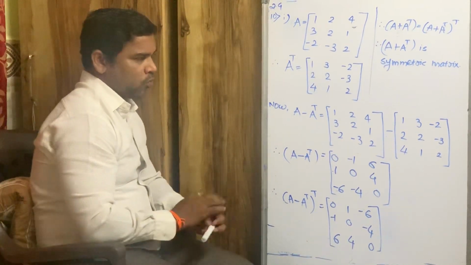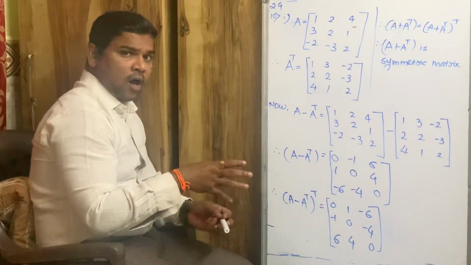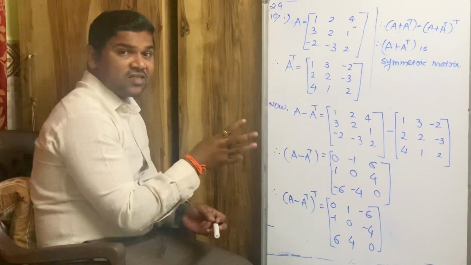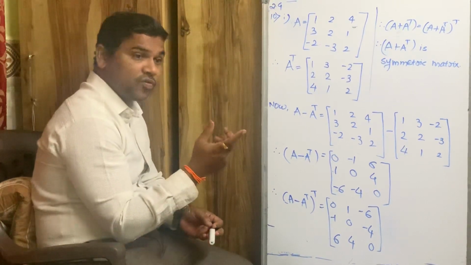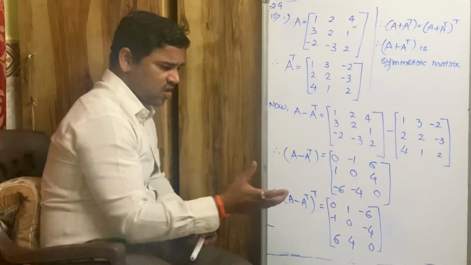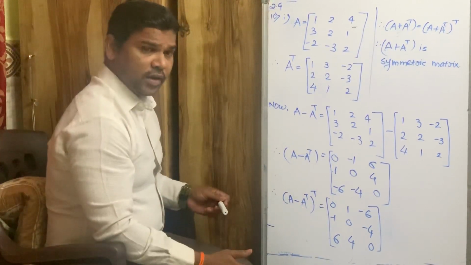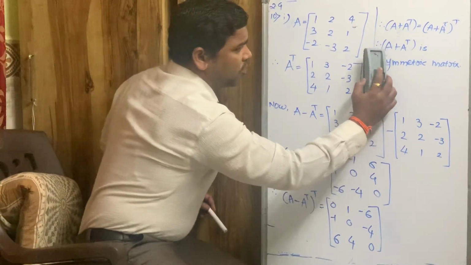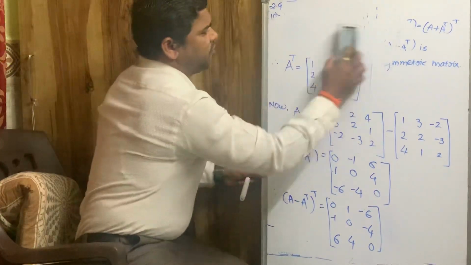Now both these matrices are looking the same, the elements are looking the same, but their signs are opposite. Minus 1, plus 1, plus 6, minus 6. So we just have to take the minus sign common. तो सिर्फ क्या करना पड़ेगा? माइनस साइन कॉमन लेना पड़ेगा. So if you take the minus sign common, what will you get? You will get like this.